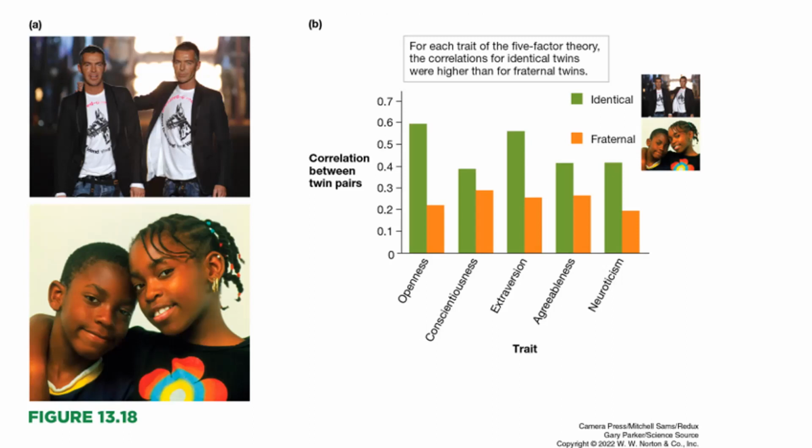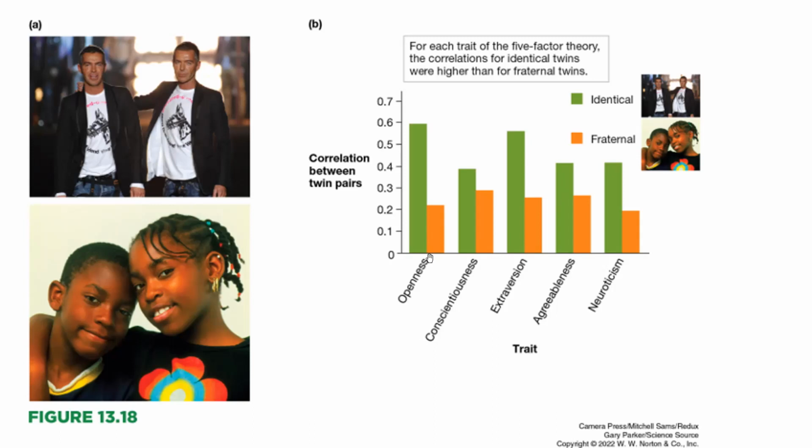Researchers examined the similarity between personality traits for 123 pairs of identical twins and 128 pairs of fraternal twins. Their findings showed that identical twins are more similar in personality traits than fraternal twins. You can see this in the graph here.